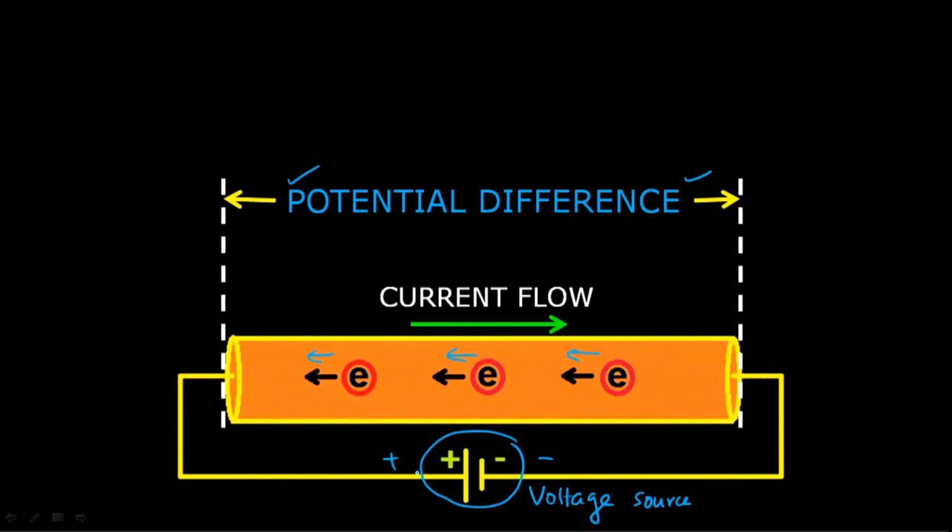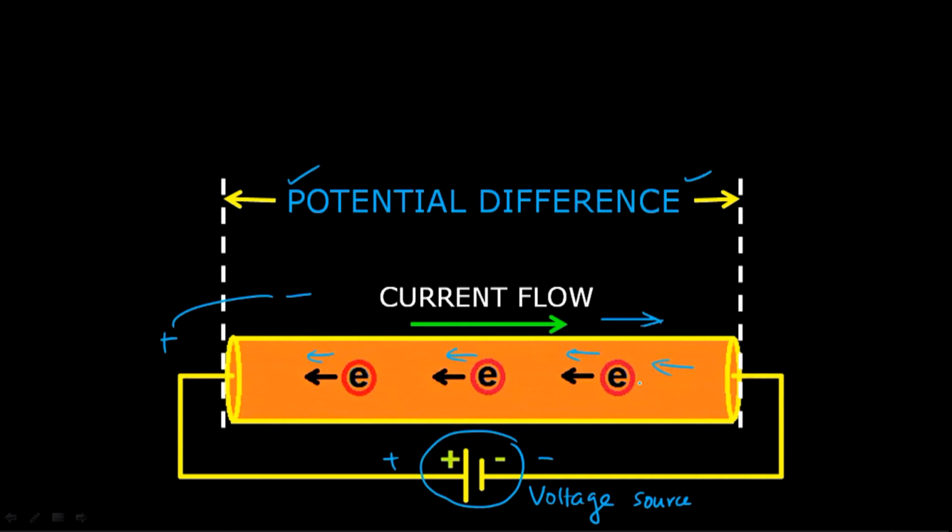In the earlier days when scientists started studying current, they thought that positive charges were flowing from the positive terminal to the negative terminal of the battery. So they took the current flow in that direction, that is, from positive to negative. Later on they found out that the current flow is actually contributed by the flow of electrons, which are negative charges, flowing from the negative terminal of the battery to the positive terminal.